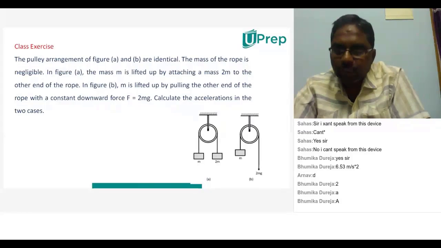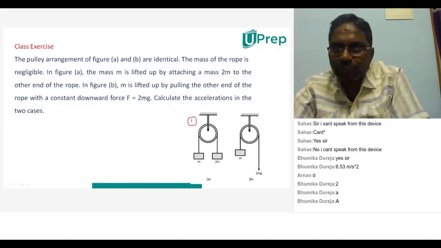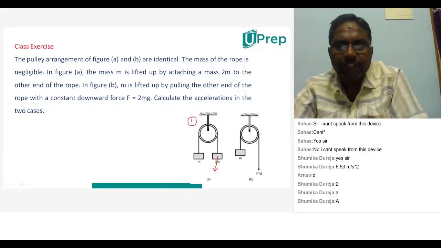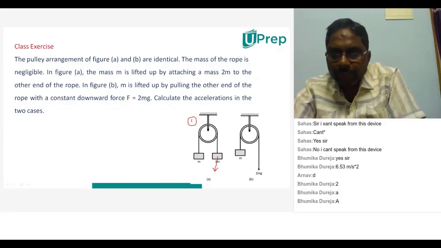Right, this 2m object is there, no? This is the first case, so we are solving the first case. Now in the first case, generally you know that the weight of the object will act in the downward direction. How much weight will act here on the first object? Tell me. 2 mg. Very good, 2 mg. Why? Because the mass of the object is 2m. So 2 mg will act and tension will act in the upward direction, or not?